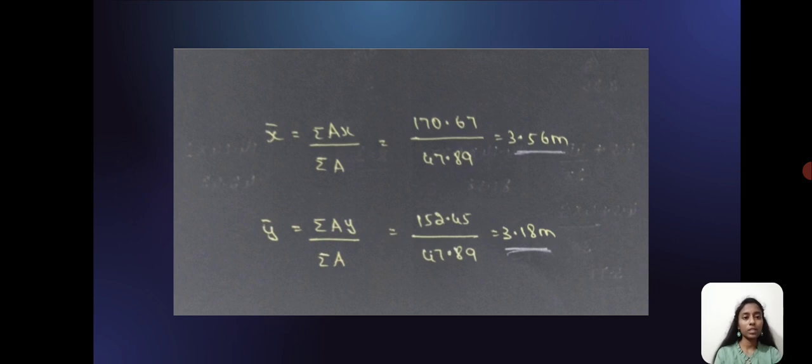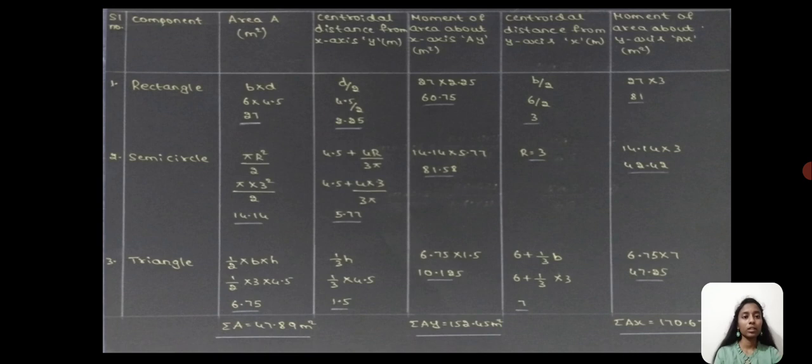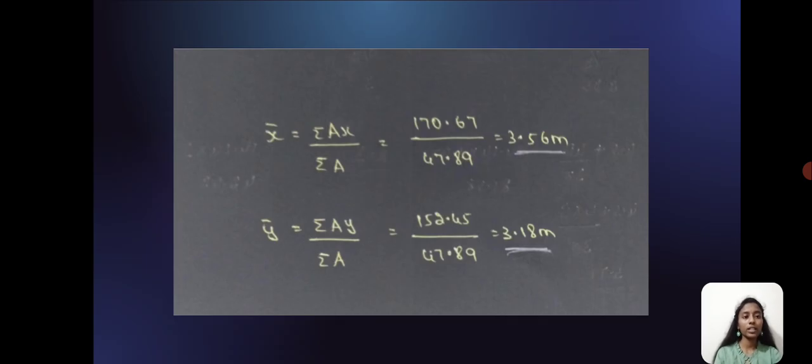Here the formula for x bar is summation of Ax divided by summation of A. Here in the table we got summation of Ax is 170.67 and the summation of A is 47.89. By dividing that, 3.56 meter is the required solution for the x bar.